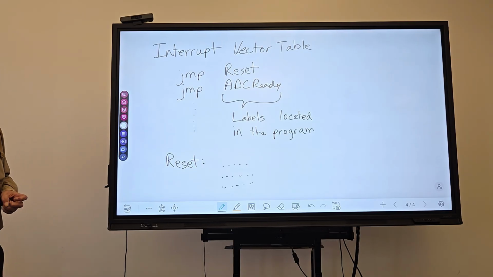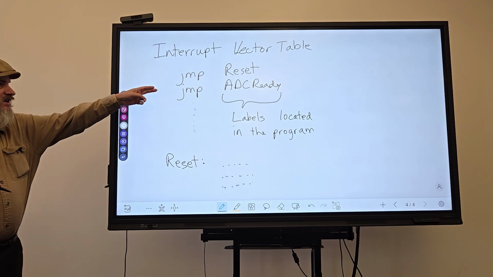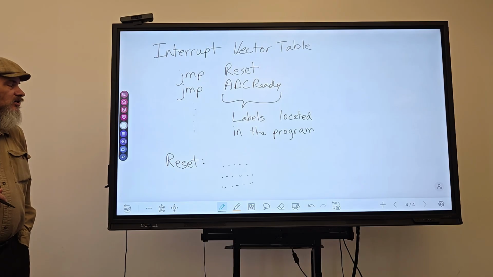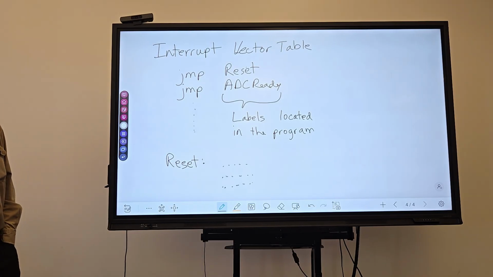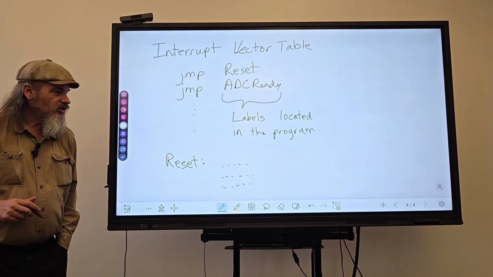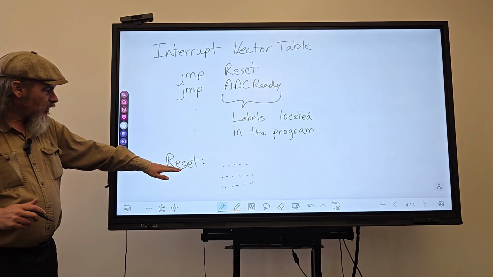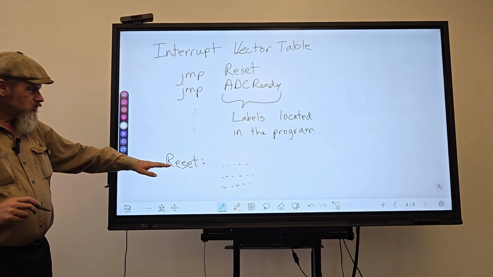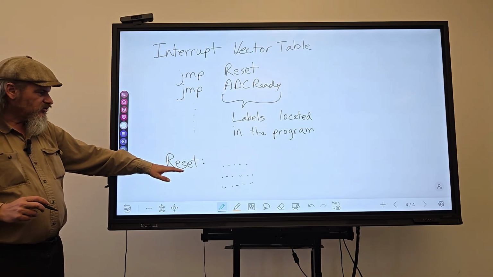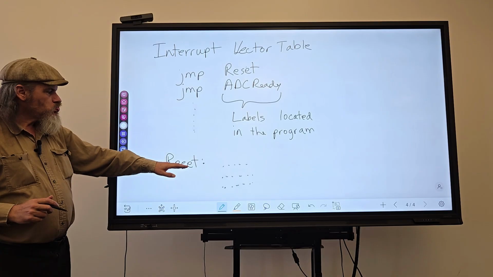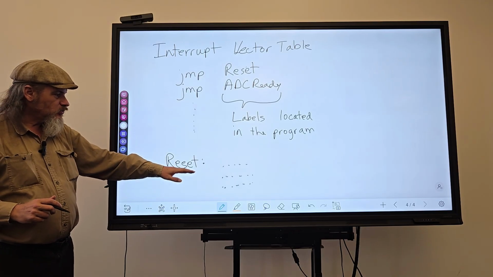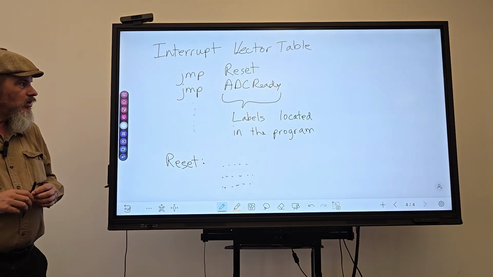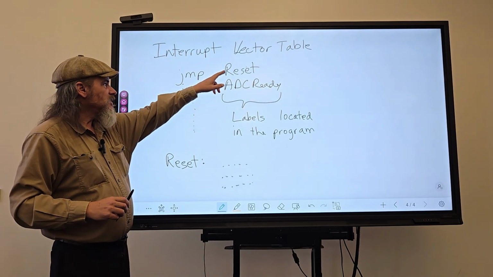Now, what the jump instruction does is load the number represented by the label, which is the location in the program memory of the place you want to jump to, and it loads that.